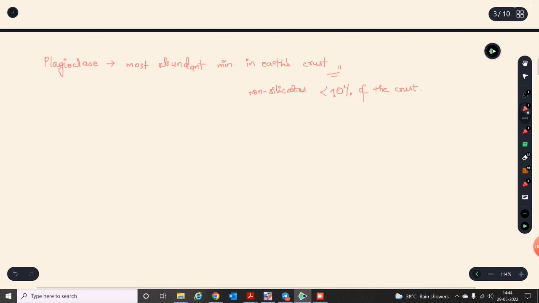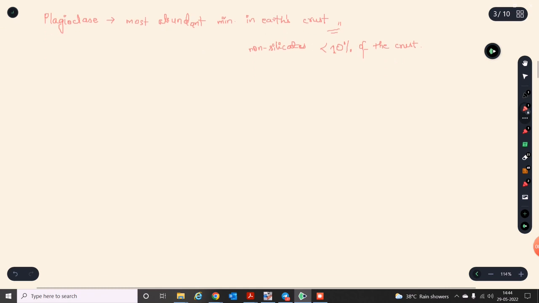Okay, but have you ever thought why is this? We will discuss the reasons here, but before that, let's see first how the percentages are. This is in terms of volume percentage for common minerals. In Earth's crust, I'll write it here, volume percentage of minerals in Earth's crust.